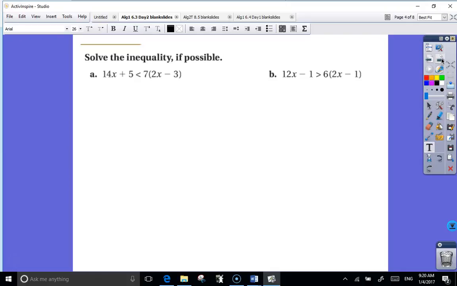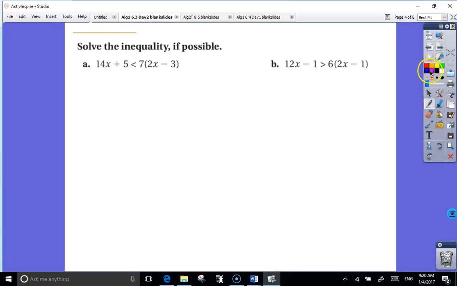So I'm going to do both of these. Okay, what should I do on this first one? First step. Distribute the 7, right? So it's going to be 14x plus 5 is less than 14x minus x minus 21. Okay, then what? Subtract the 14x.